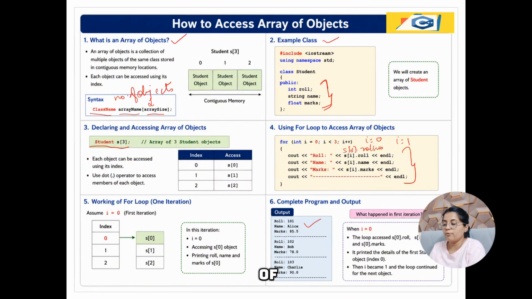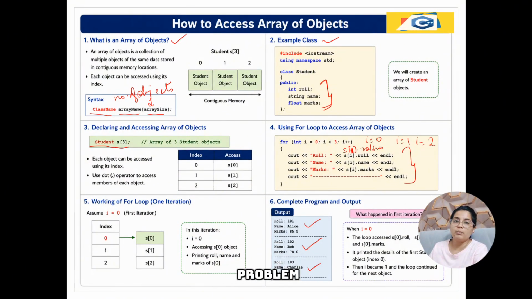So for S of 1 dot roll number, S of 1 dot name, S of 1 dot marks, the value which we have entered for this will get displayed until I becomes 3 and we are coming out of that for loop, right? So this is how we can access array of object.